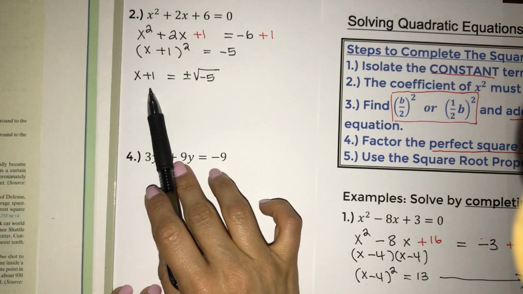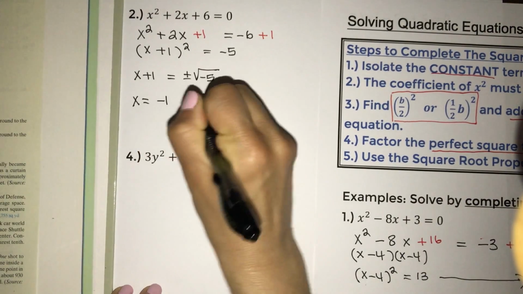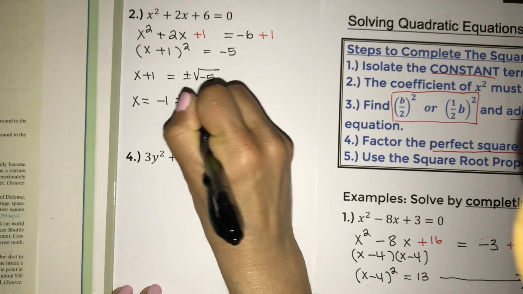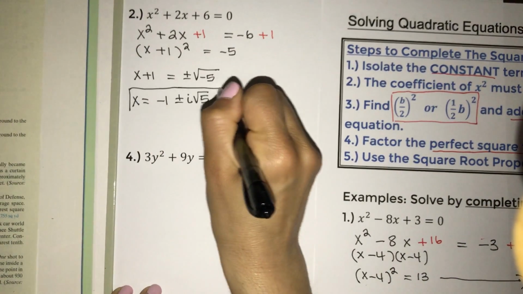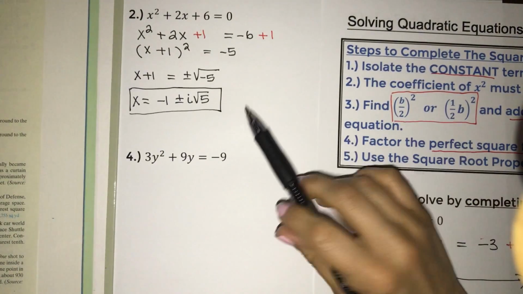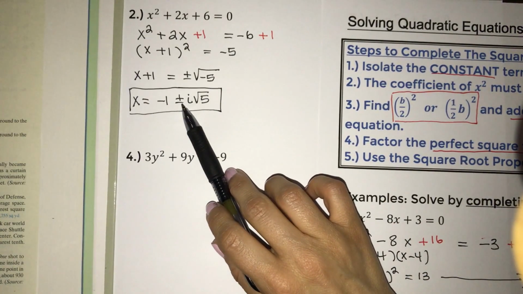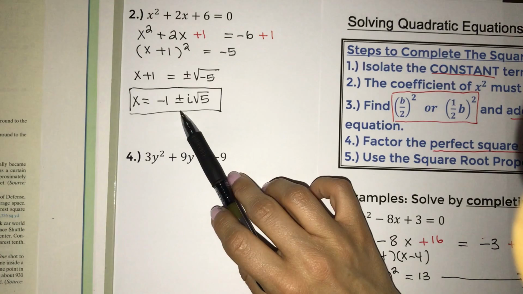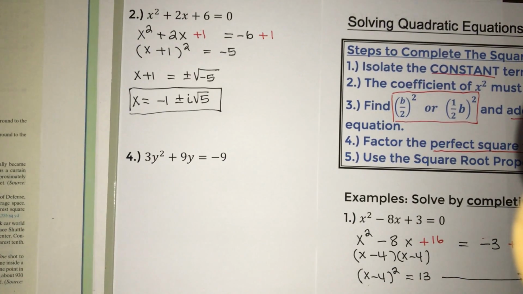And we can also subtract 1. And that is our solution. So remember, this is really two solutions in one, negative 1 plus and negative 1 minus. Okay, so we can write it this way, or we can separate the two solutions.